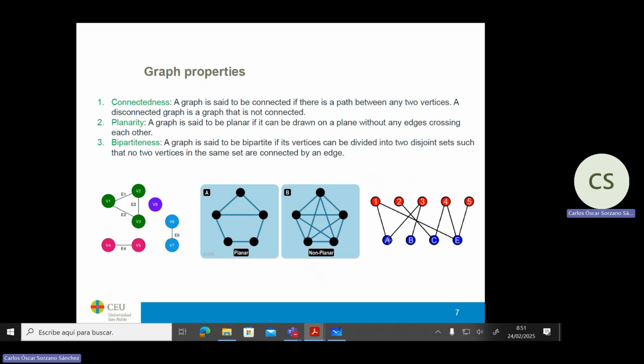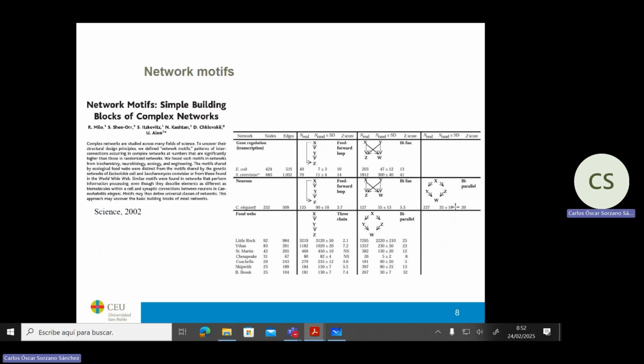So let's say that these are genes, these are proteins, and these are relationships between these genes and these proteins. So you have vertices, but the vertices belong to different sets, to different natures. Then these kinds of graph representations appear in systems biology.